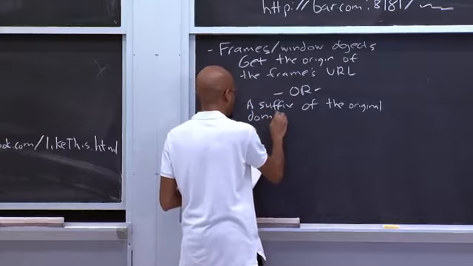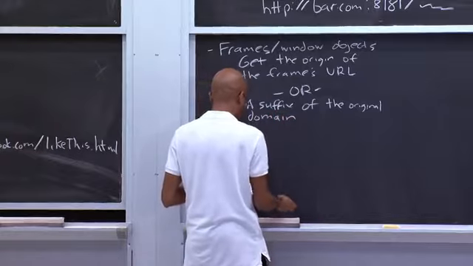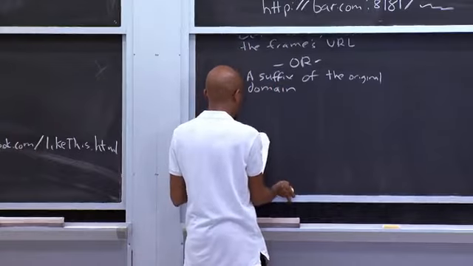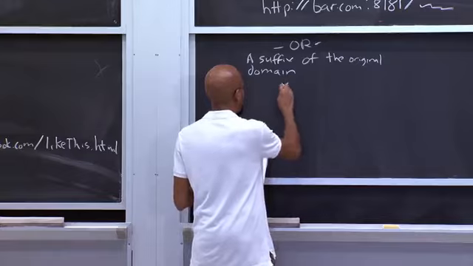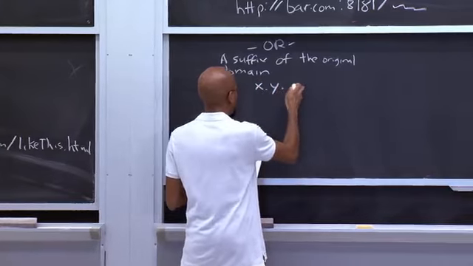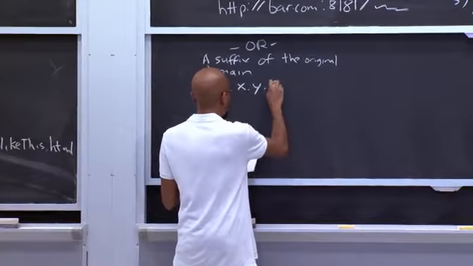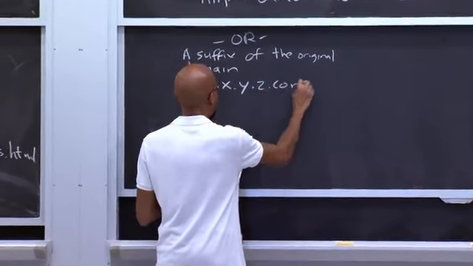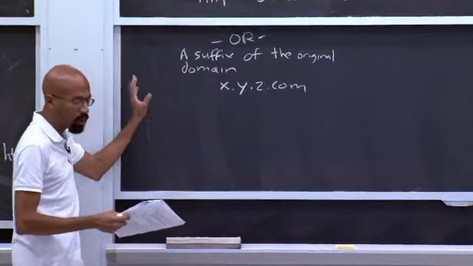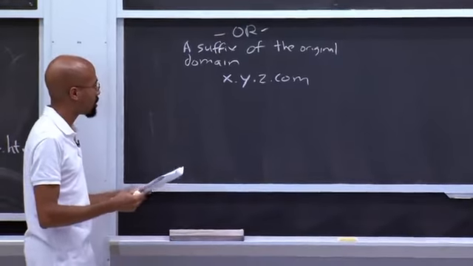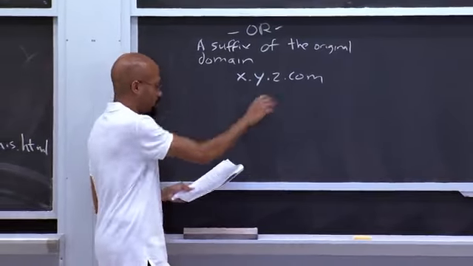So, for example, a frame could start off having an initial origin x.y.z.com, right? And so let's ignore the scheme and the protocol for a second. So initially, the page could start off like this.